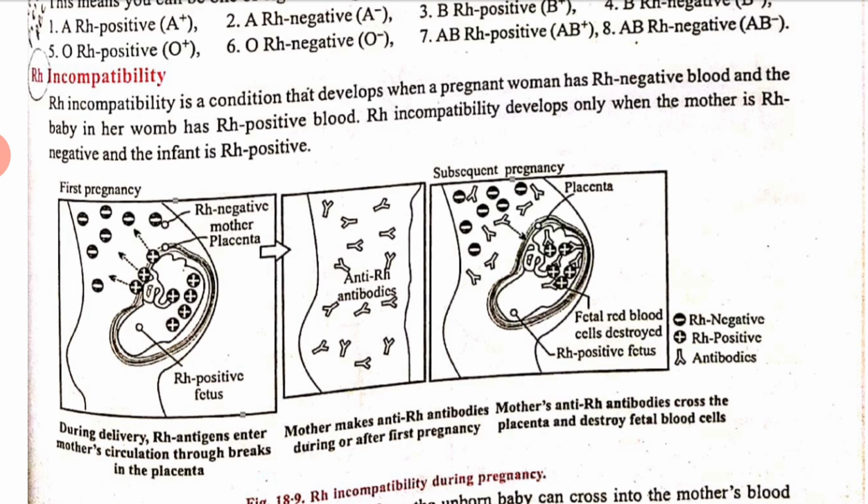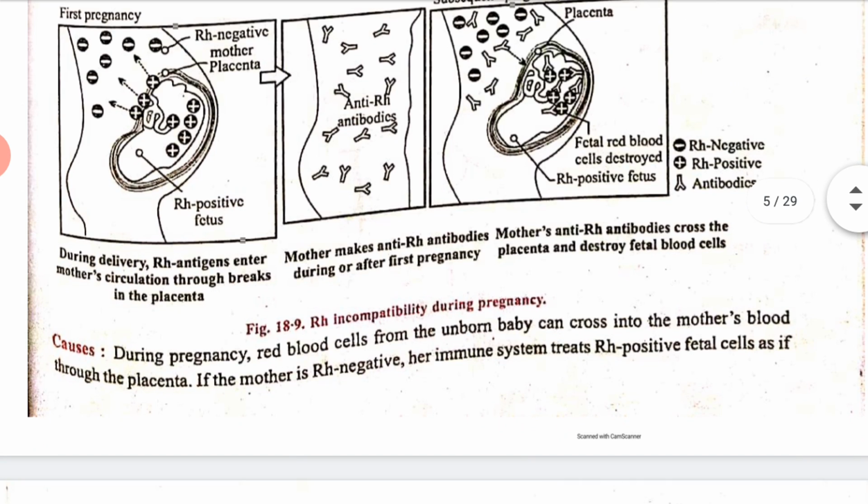Clear? And some causes, yes, we can see. During pregnancy, RBCs from the unborn baby can cross into the mother's blood through the placenta. Okay, so if the mother is Rh negative, her immune system treats Rh positive fetal cells as if they were a foreign substance. Clear?